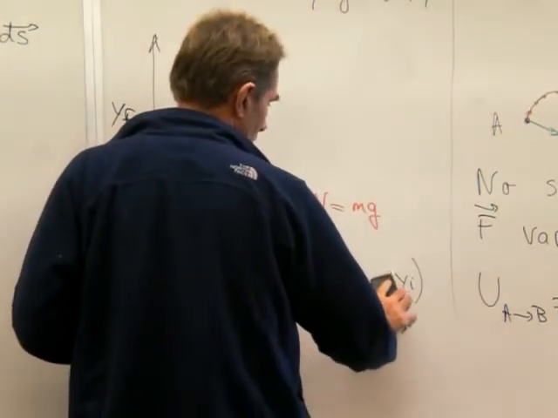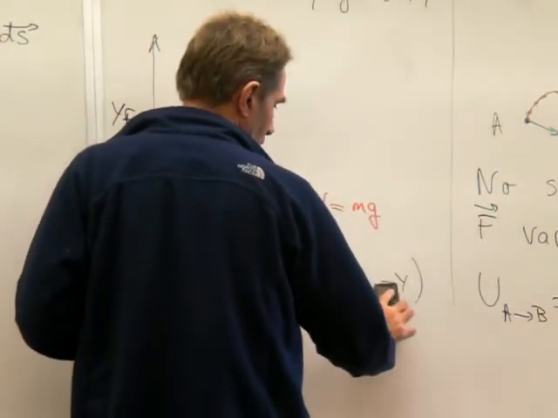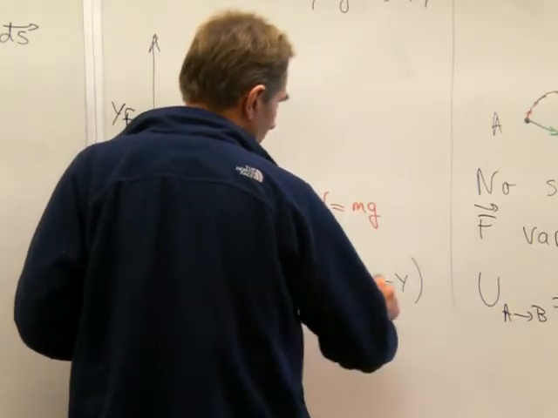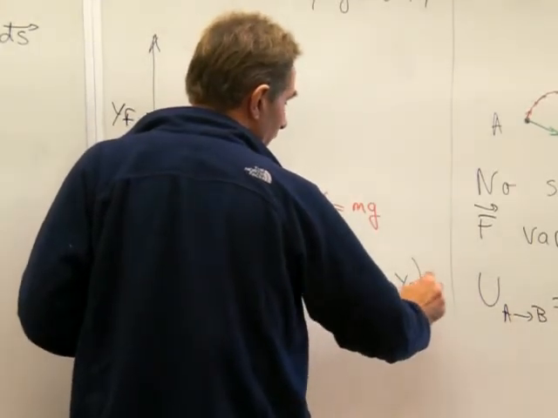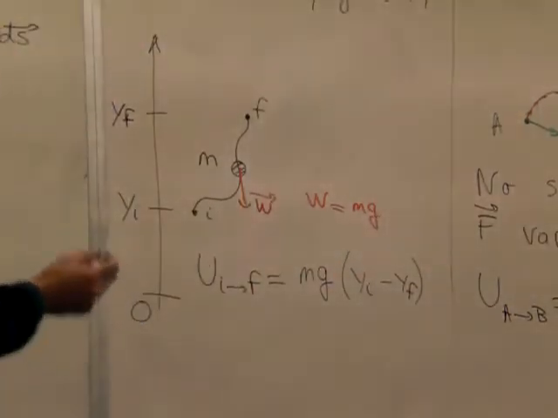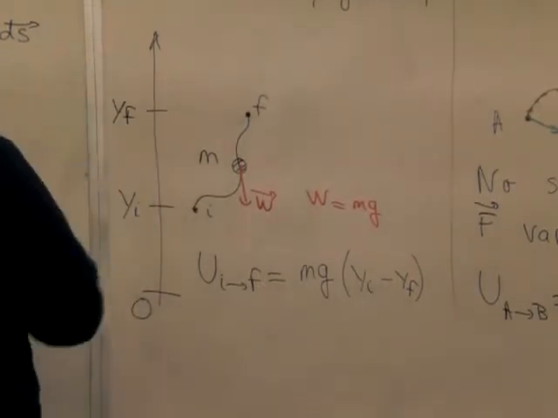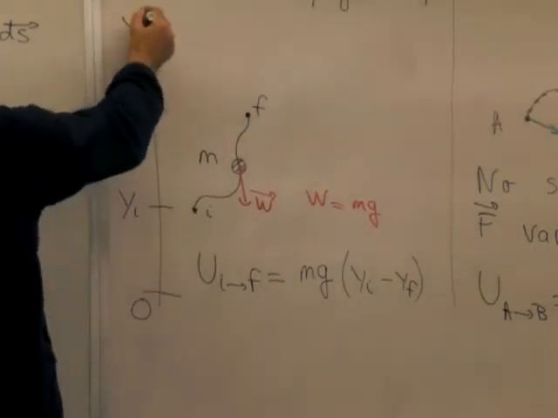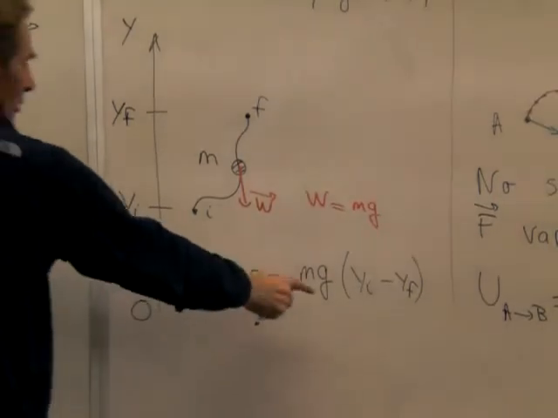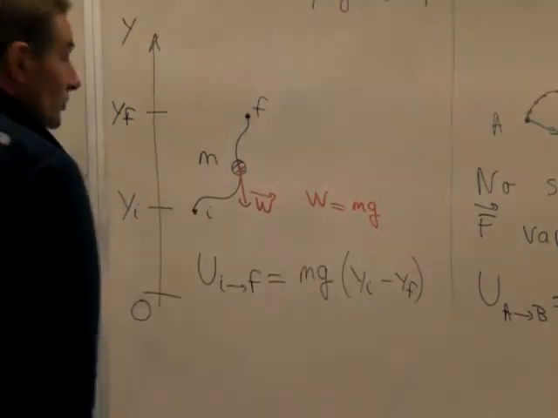Here, the work done by the weight is going to be y initial minus y final. Or you can put a minus sign and say minus mg times y final minus y initial. Of course, taking the y-axis going up. If your y-axis is going down, you have to flip the signs here.